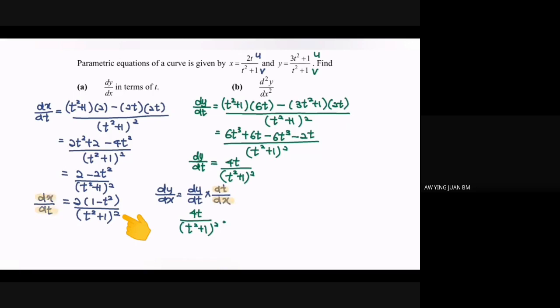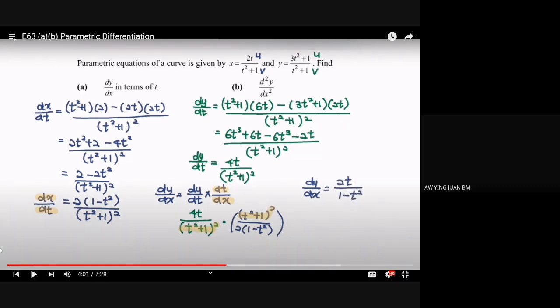So meaning that we have to flip the situation. So we're going to multiply with t squared plus 1 bracket square over 2 bracket 1 minus t squared. So finally, after we simplify the situation, we will have dy dx is equals to, we can simplify the common terms. So finally, we have 2t over 1 minus t squared.